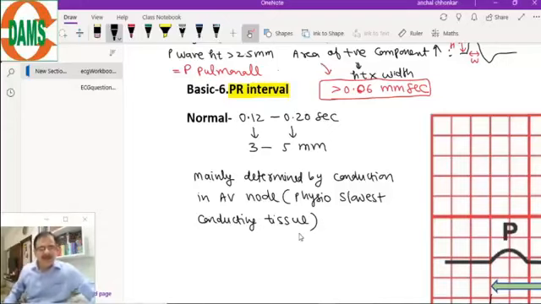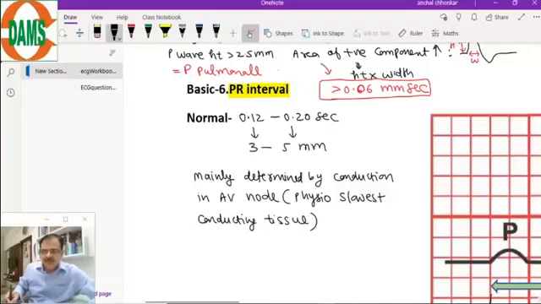So after the normal PR interval, we move to the abnormalities of the PR interval. There will be two abnormalities. The first abnormality is that the PR interval gets prolonged, and second is that it gets shortened.